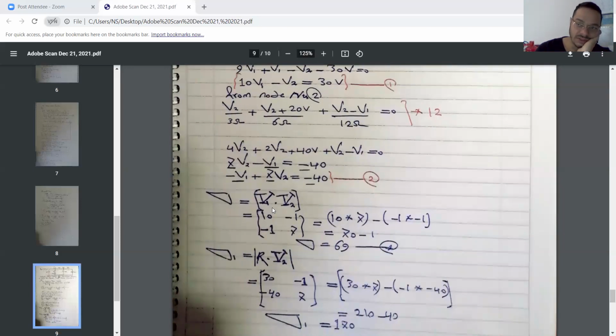And delta: here we can say X, Y, or I1, I2, or V1, V2. Here we won't calculate the voltages because we put them as V1 and V2.